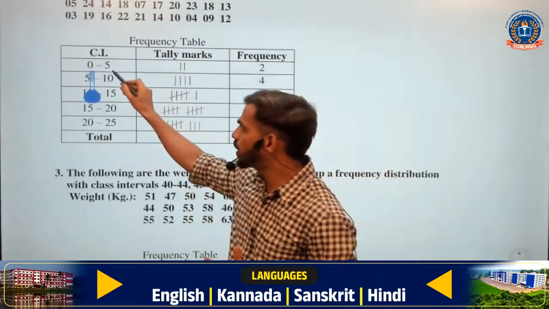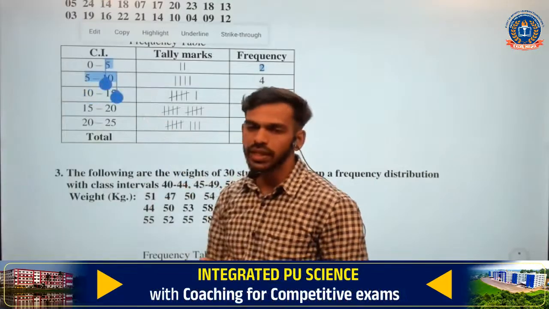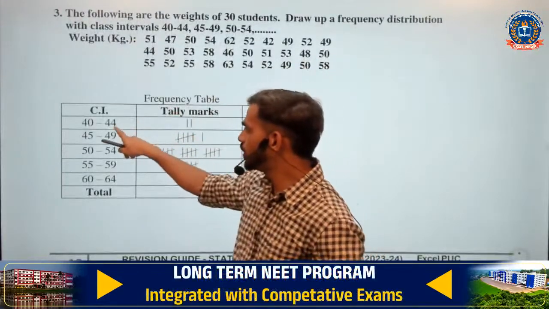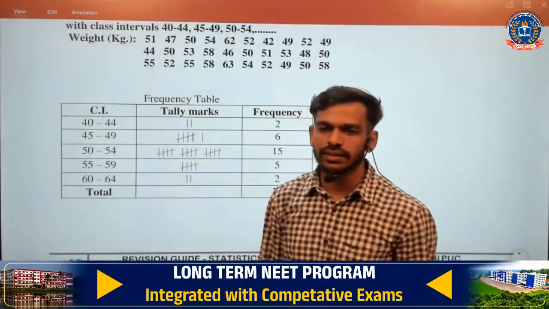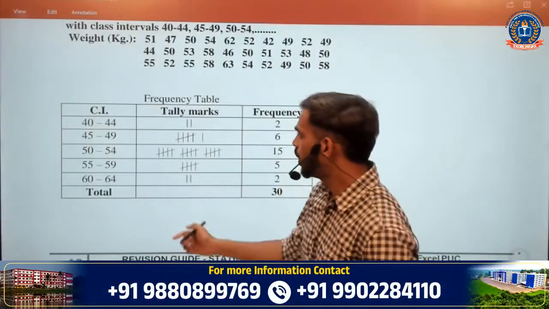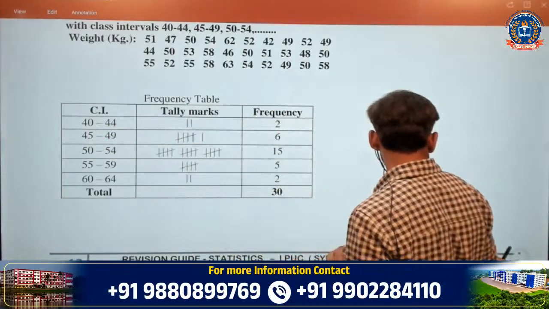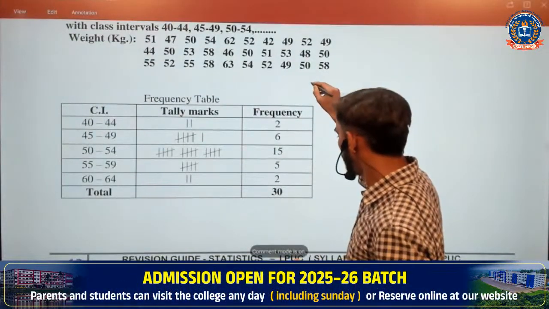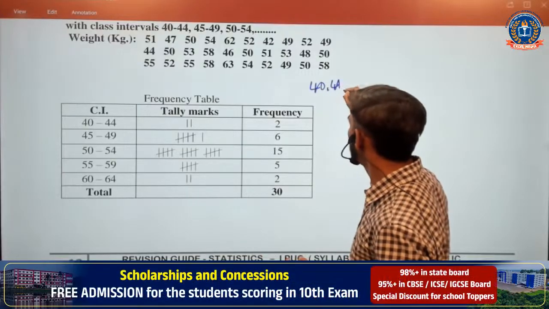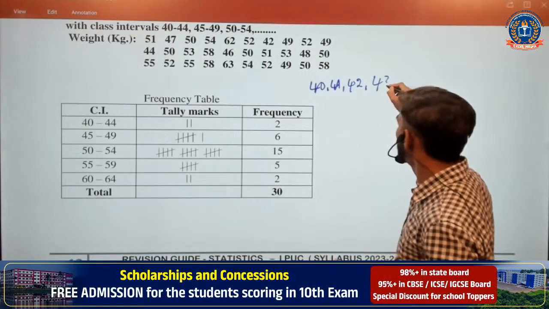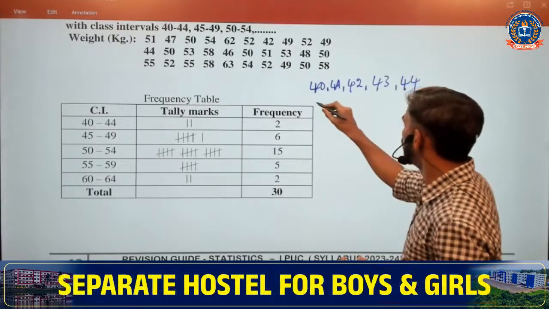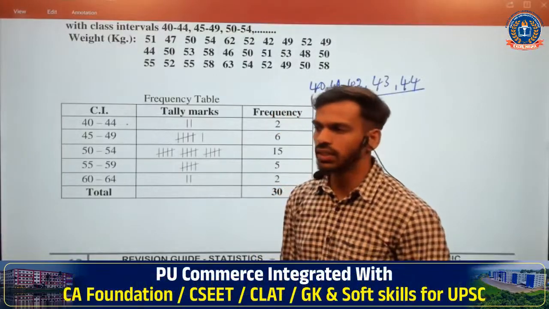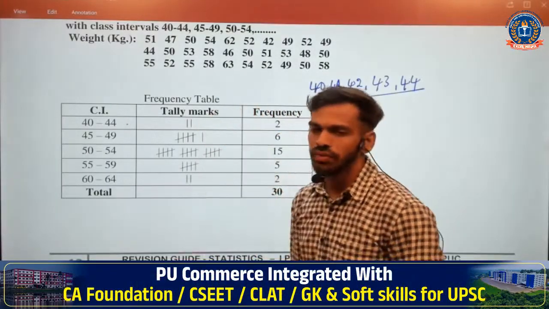But in this example, upper limit and lower limit are both included in the same class. Here in 40 to 44 everything will be considered: 40, 41, 42, 43 and 44 as well. This is the difference between this example and the previous one.